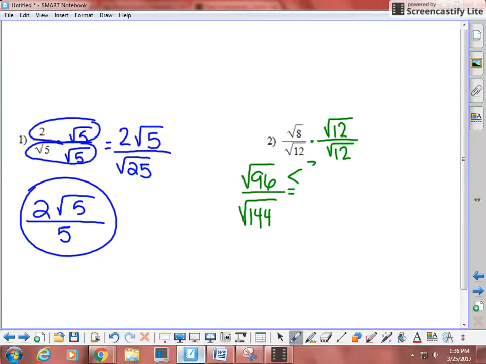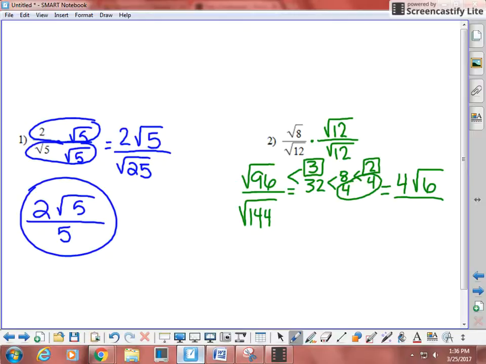I know 3 goes into it, so 3 and 32, which breaks down into 8 and 4, which breaks down into 2 and 4. So I have a couple of 4s, a single 2, and a single 3. That gives me up top 4 square root 6.